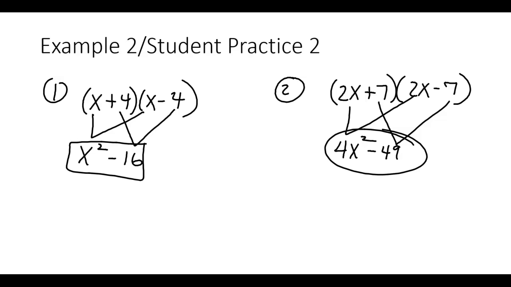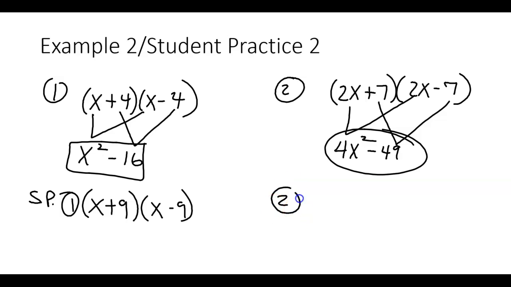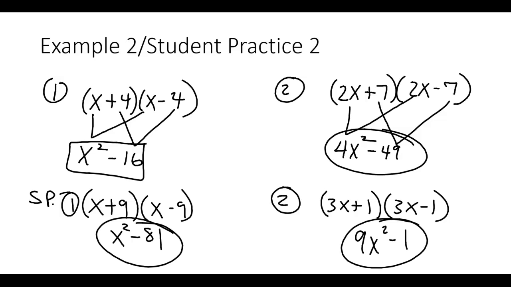All right, so student practice. I'll throw a couple up here for you. Let's try x plus 9 times x minus 9. And let's try 3x plus 1, 3x minus 1. Try those two.